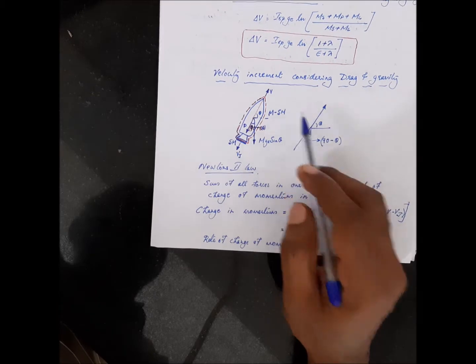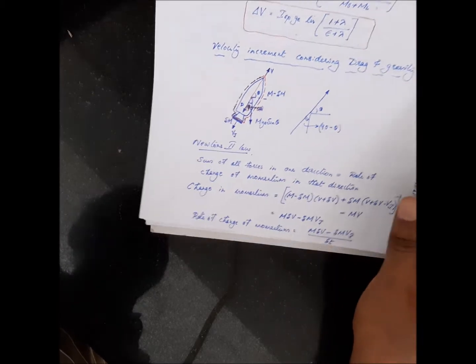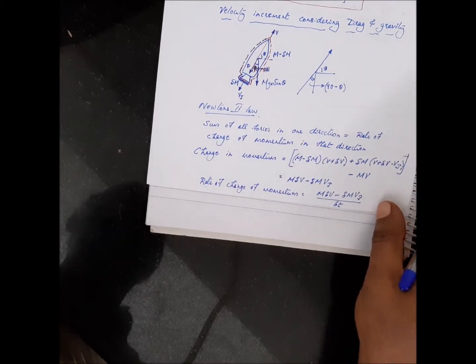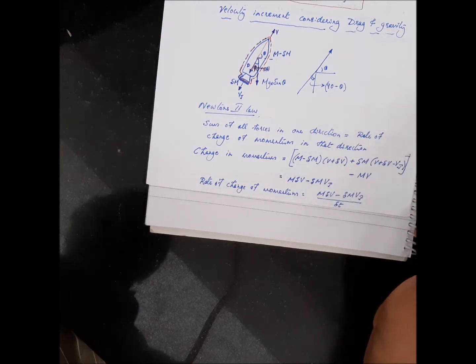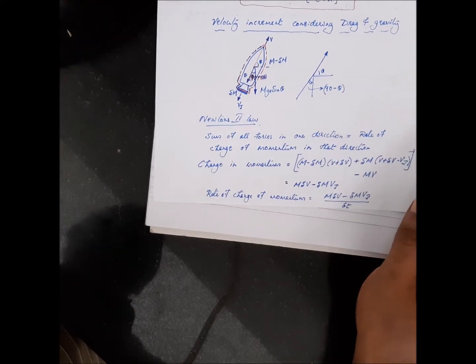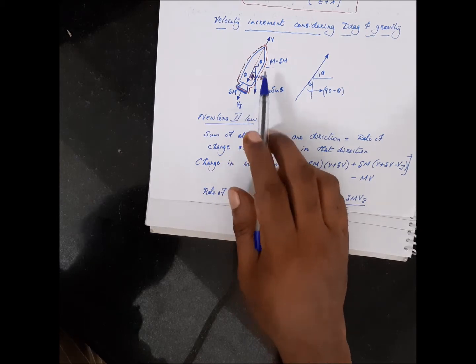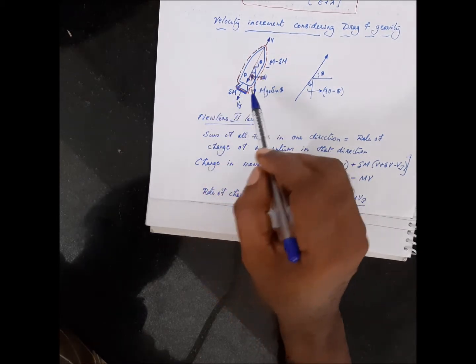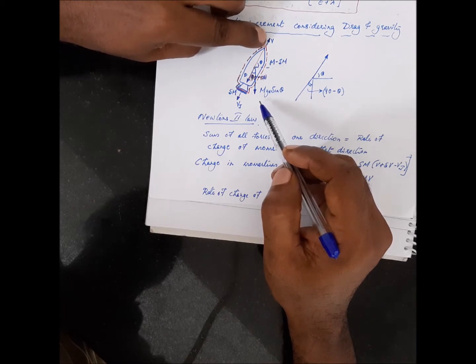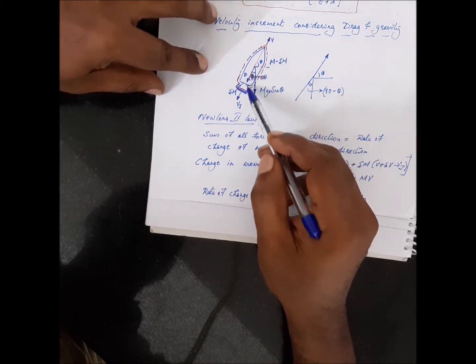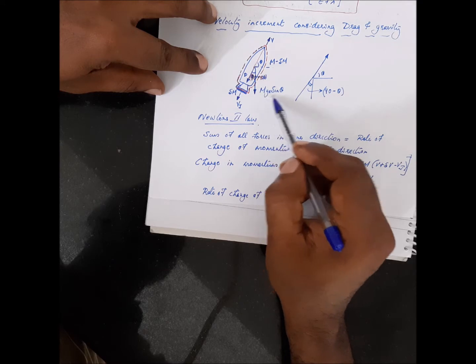The other thing I want you to learn is the velocity increment considering the drag and gravity. I've just drawn a free body diagram in which I have the velocity in the forward direction, the drag in the reverse direction, and the weight.